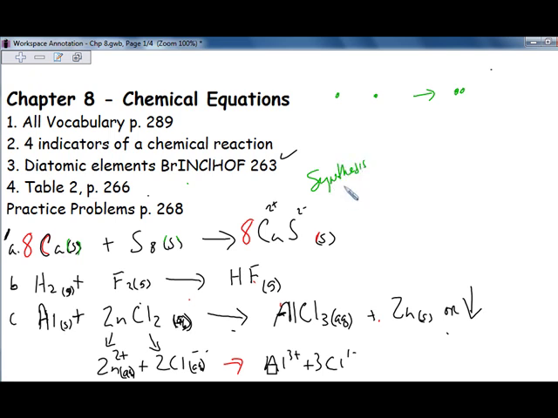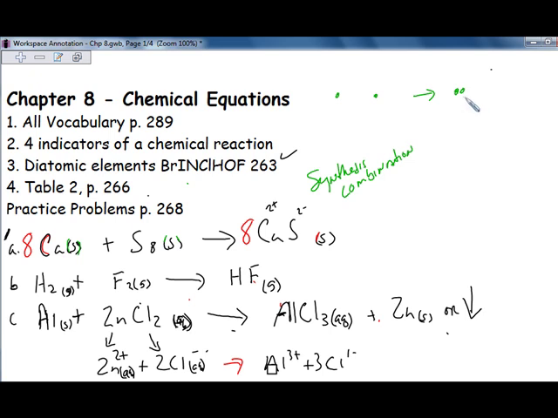Sometimes you'll see it referred to, and I think our book might even refer to it, as a combination reaction. But you certainly shouldn't be stumped by either one of those terms. I forget how the state test asks you, but it's going to be combination or synthesis. Synthesis is when you have multiple reactants and you form a fewer number of products.